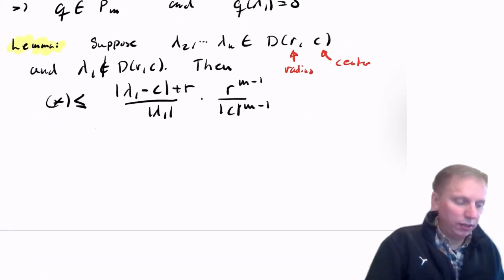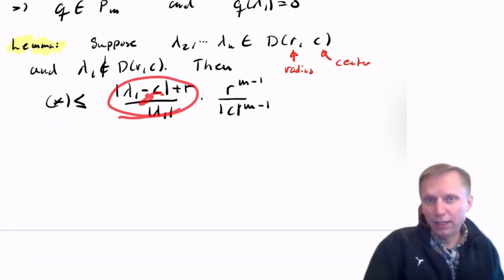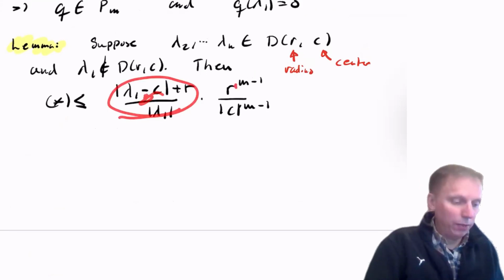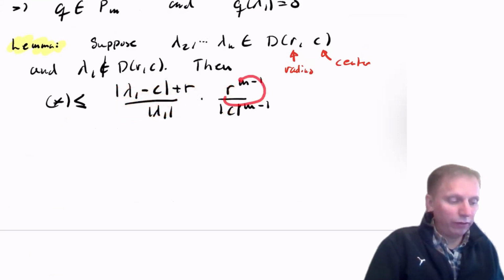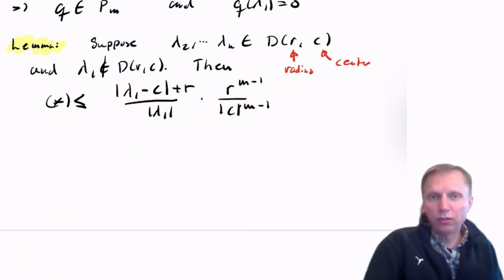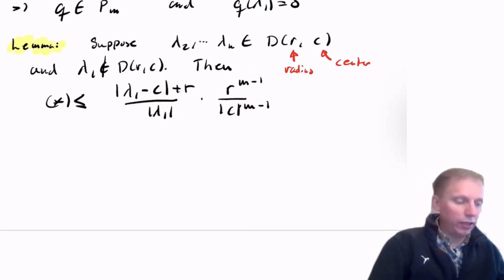And what we see here is, we have some factor which is independent of m, and here we have the quotient between r and c, to some power of m, or m minus 1. And this quantity is almost the quantity we have in the situation without outliers.